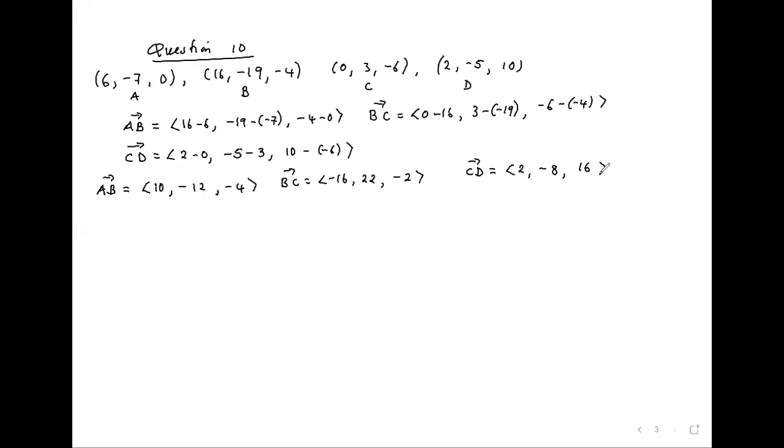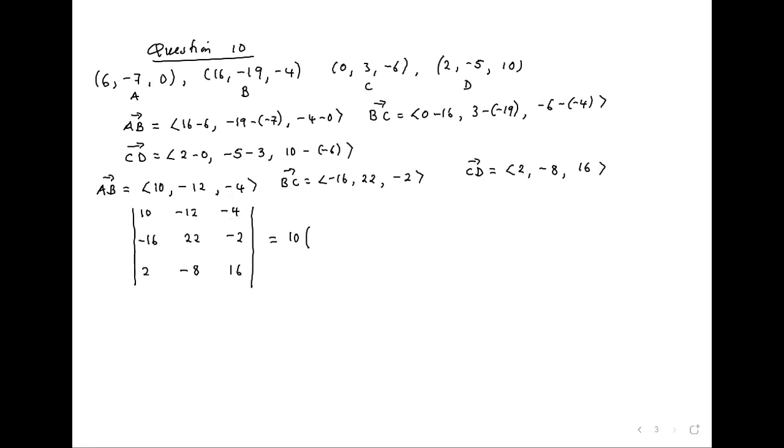Then you form the determinant of these vectors: 10, negative 12, negative 4, negative 16, 22, negative 2, 2, negative 8, 16. If the determinant comes out to be 0, then these points lie on the same plane.